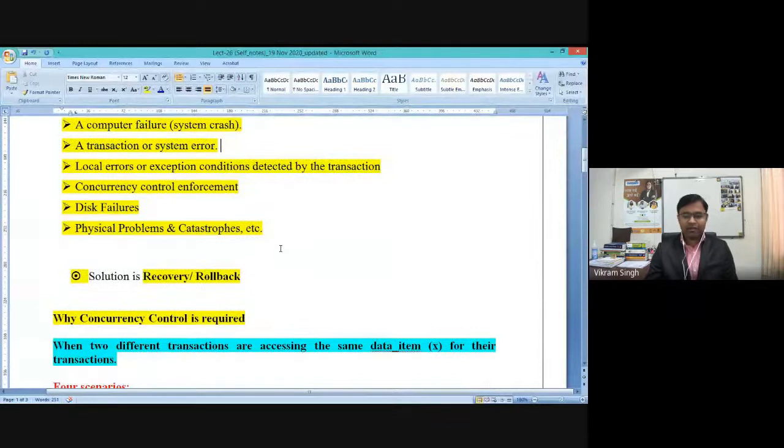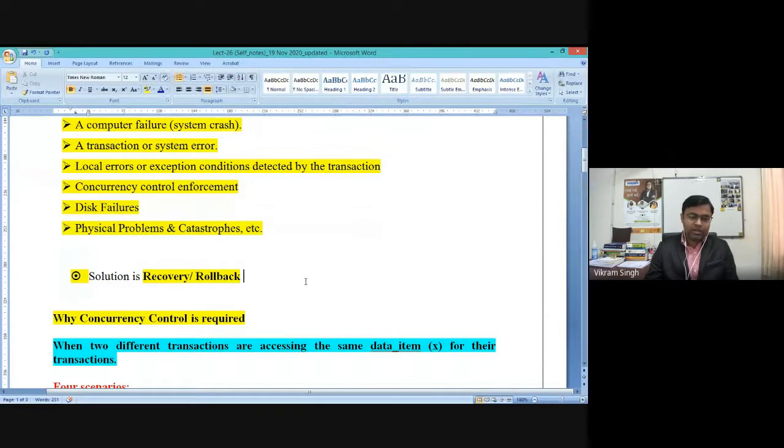Rollback involves each and everything which reinstates a transaction. Rollback involves recovery, and there are various steps within rollback which are beyond recovery. So recovery is one of the steps of rollback, you can see.